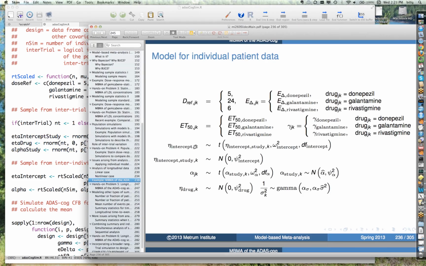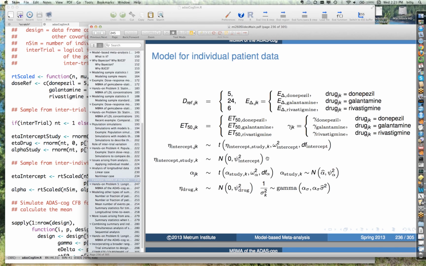Eta-intercept study, alpha study, and which one? Oh, eta-drug. Where is that here? Actually, I don't think I wrote it as eta-drug in this case. That's the way I implemented it here.